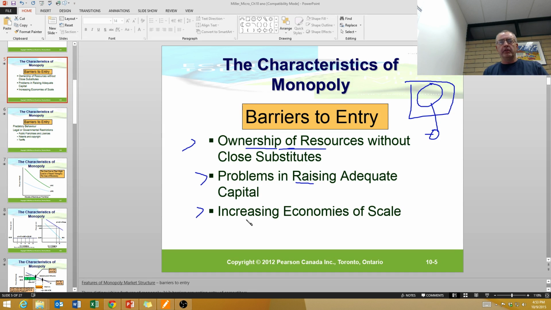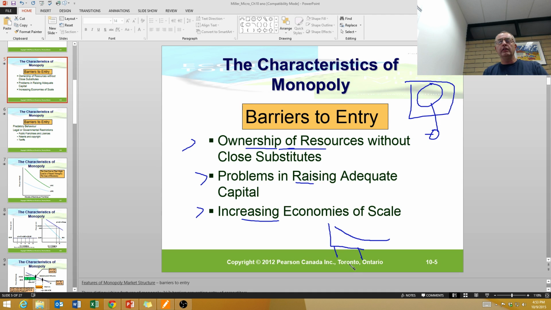Another barrier to entry is if the industry experiences increasing economies of scale. When an industry experiences increasing economies of scale, the long run average cost curve is still sloping downwards in the output range. So here's the output range, and the long run average cost curve is still declining.